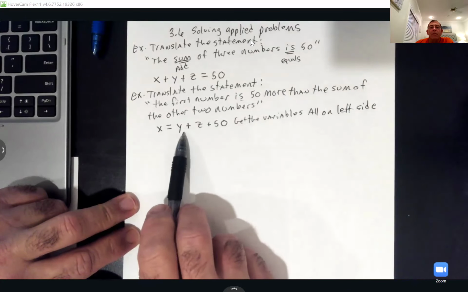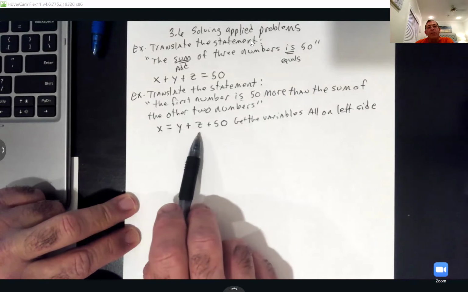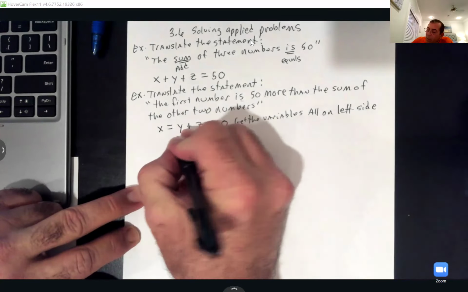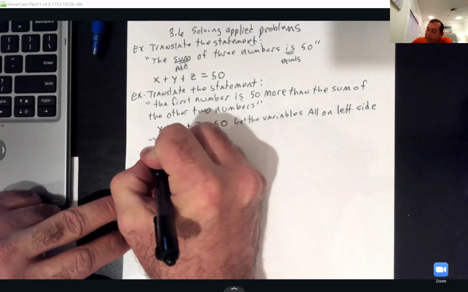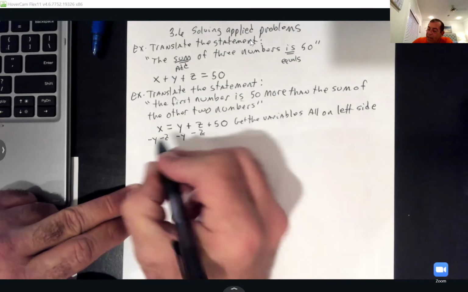So that means this Y and Z from the right side, we got to move. So since they're positive, we're going to subtract a Y from both sides, and we're going to subtract a Z from both sides.